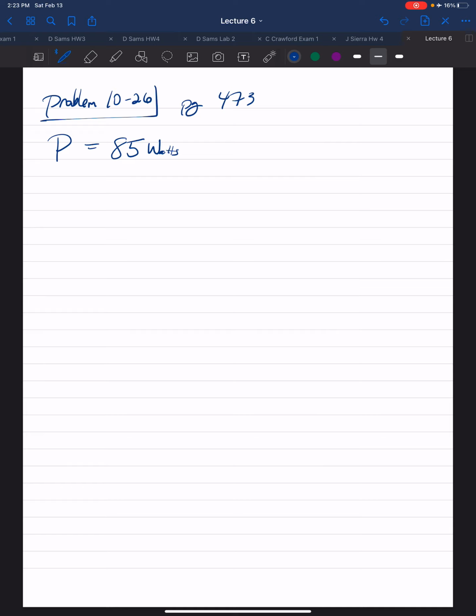If the impeller at B is turning at 150 revs per minute, determine the maximum shear stress in the 20 millimeter diameter transmission shaft at A. Okay, so assume it's a solid shaft. All right, so diameter is 20 millimeters. So our radius then is 10 millimeters, which is 0.01 meters.